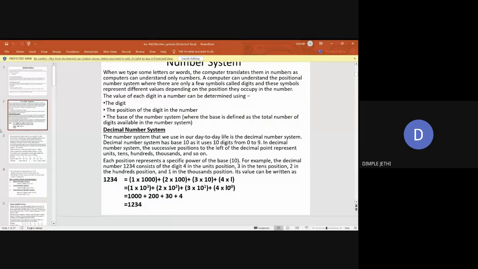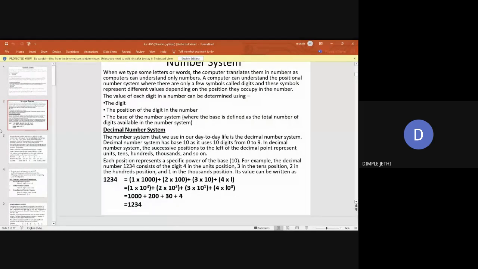But if I write 1, 2, 3, what will it become? 123, right? Yes. Why? Because now I have changed the position of the numbers. Digits are the same, right?